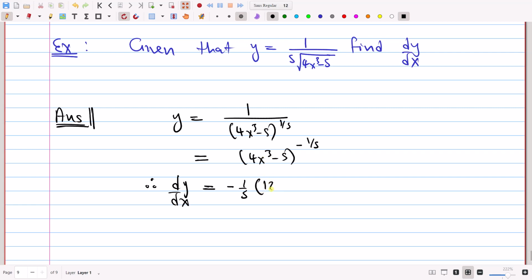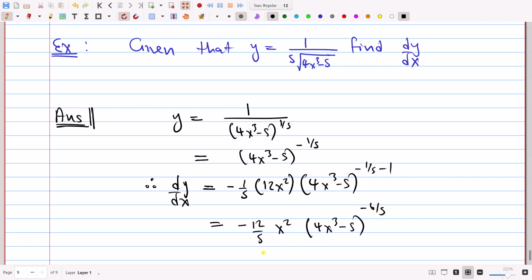And then we differentiate the interior. When you differentiate the interior, you get 12x squared. Then you bring in the original function you were differentiating, but now you take the power, which is minus 1/5, and you deduct 1 from it. Simplification then gives us negative 12 over 5 times x squared times 4x cubed minus 5, all to the power minus 6/5. And that's how it goes.